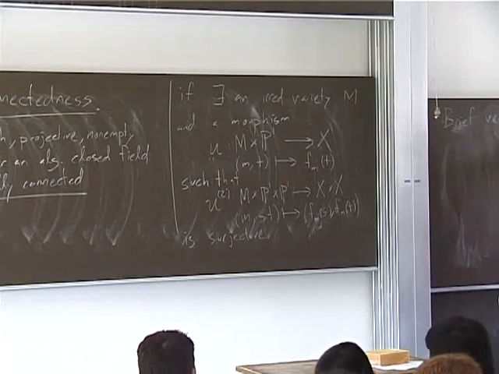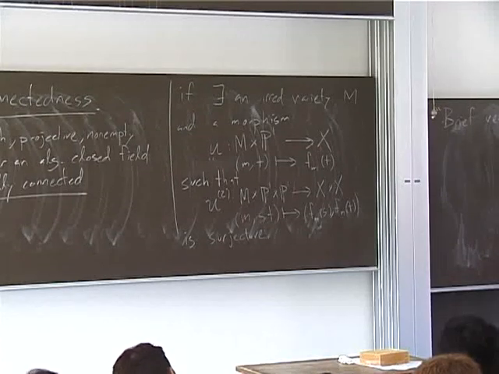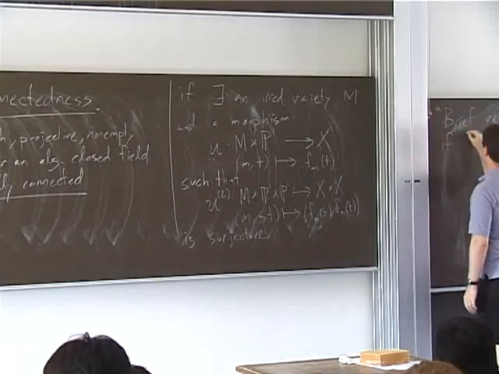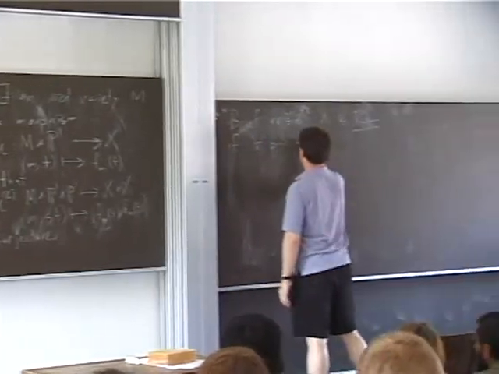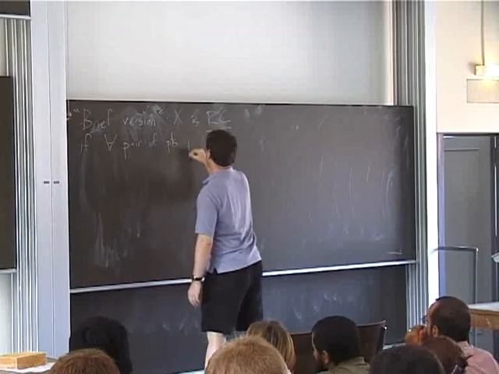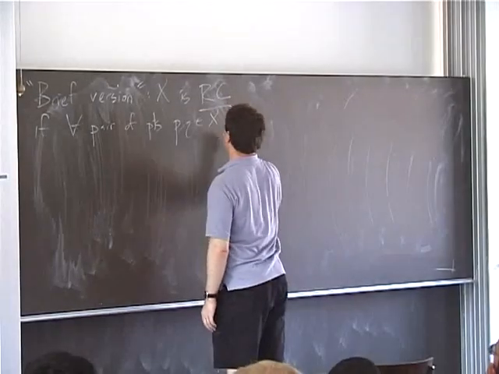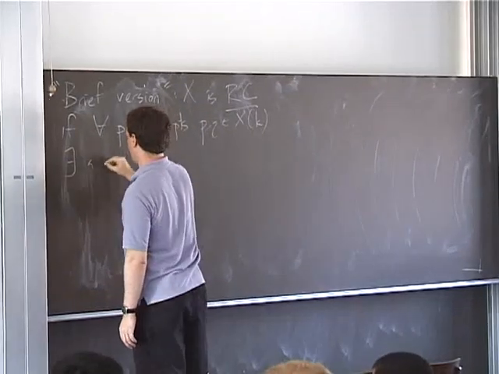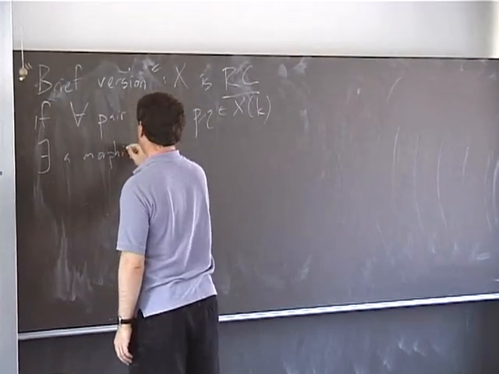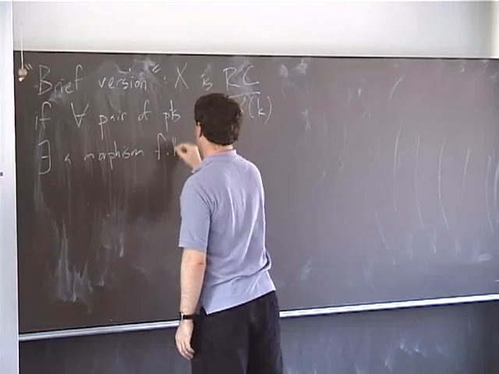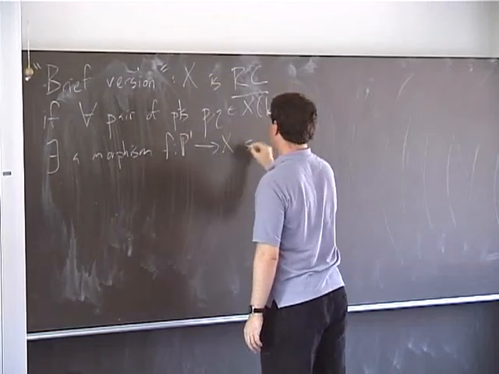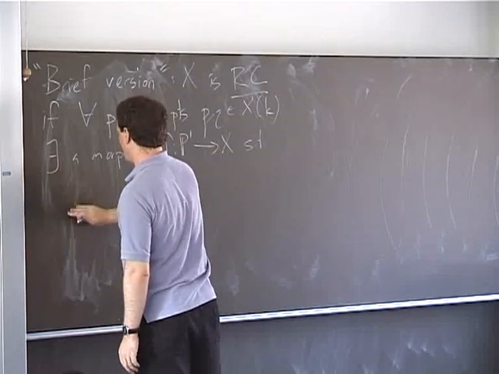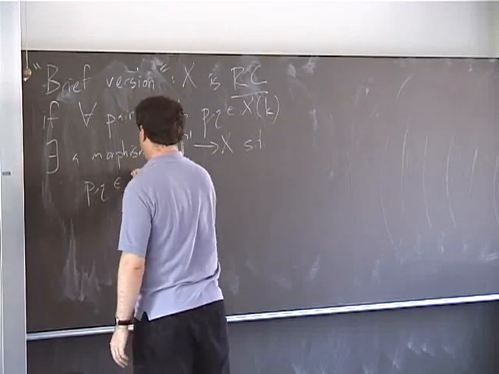The brief version is that X is rationally connected, RC for short, if for every pair of points P, Q in X, let me say K points, there exists a morphism f, depending on the pair of points, such that P and Q are in the image of f.